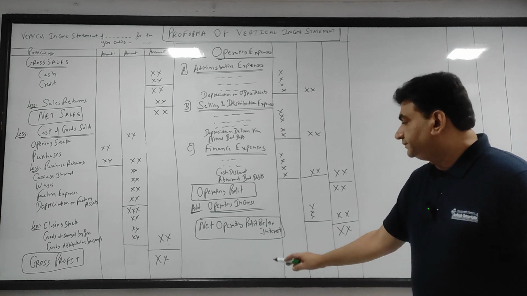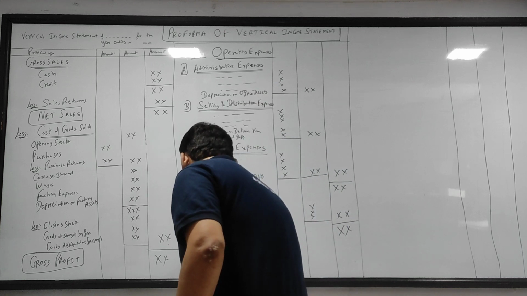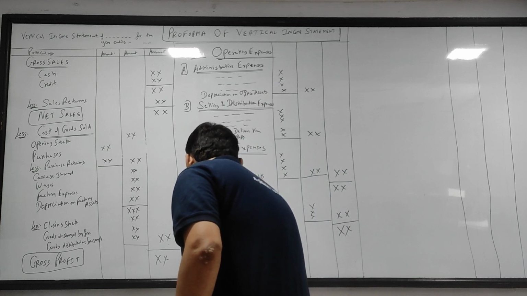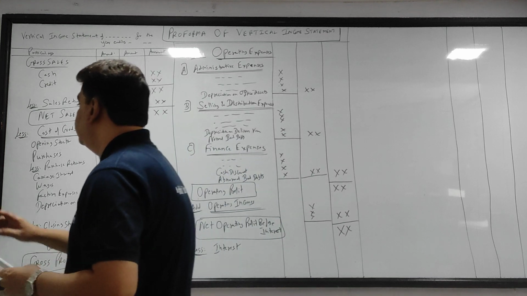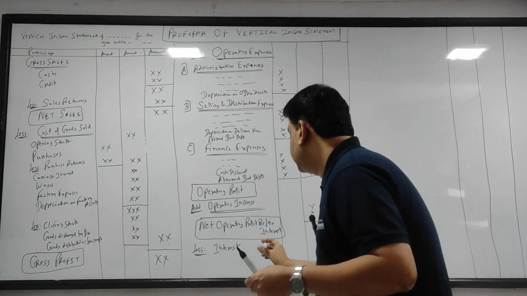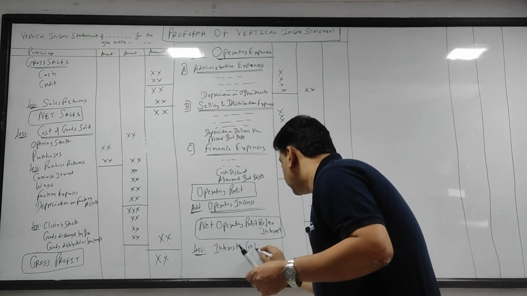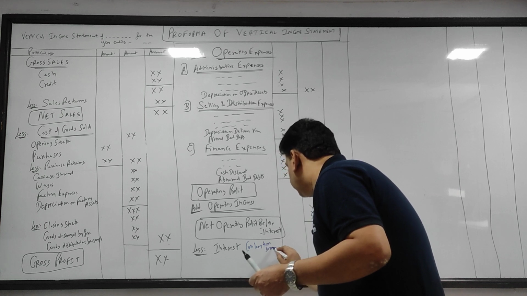So from net operating profit before interest, we will deduct interest, I'll just put it in brackets for understanding, on long-term borrowings.